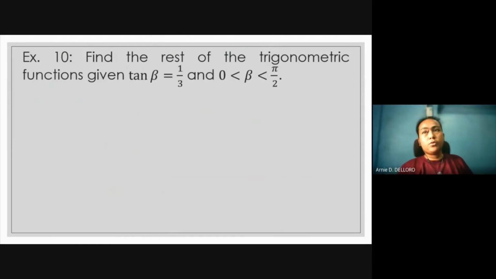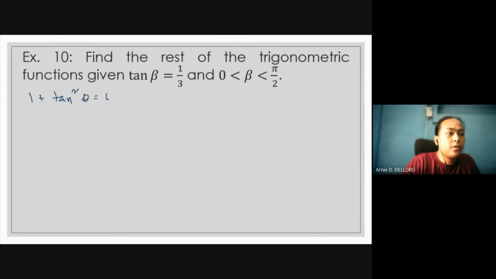You can actually use the Pythagorean identity here, 1 plus tangent squared theta is equal to secant squared theta. You can use this. Or you can also use the formula since tangent is given here. Recall in the unit circle, tangent theta is equal to y over x.